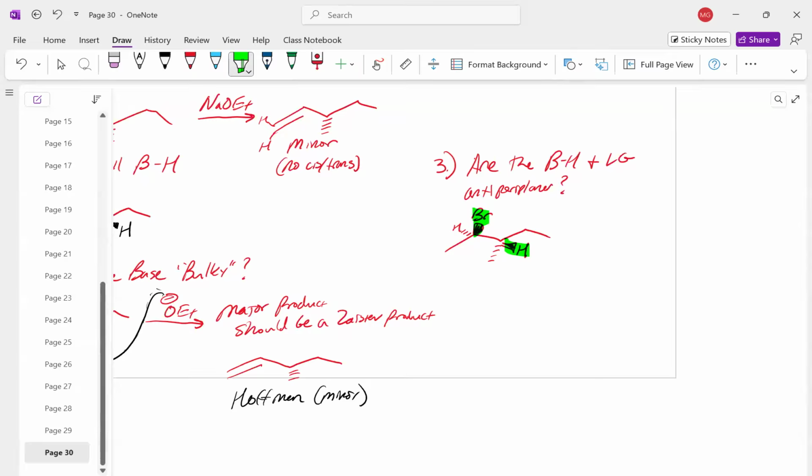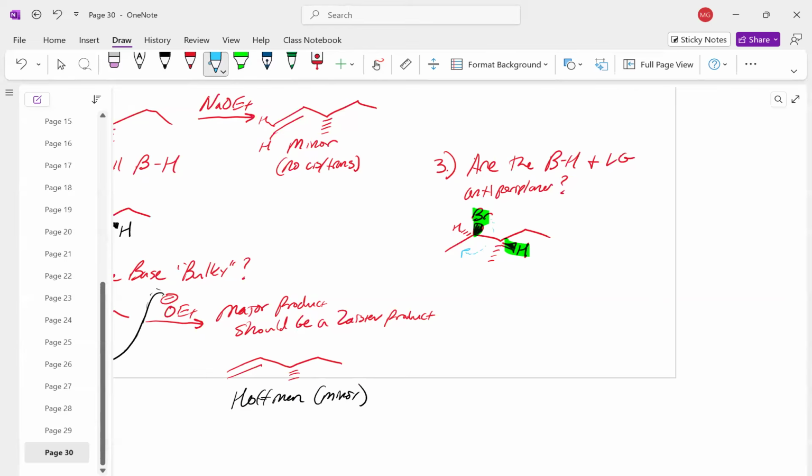No, they're not. They're not going in opposite directions. So I need to do some rotating. And again, the best tactic is to rotate until both groups, the beta hydrogen and the leaving group, I should say, have a solid line. So that means this bromine, I'm going to rotate this side first.